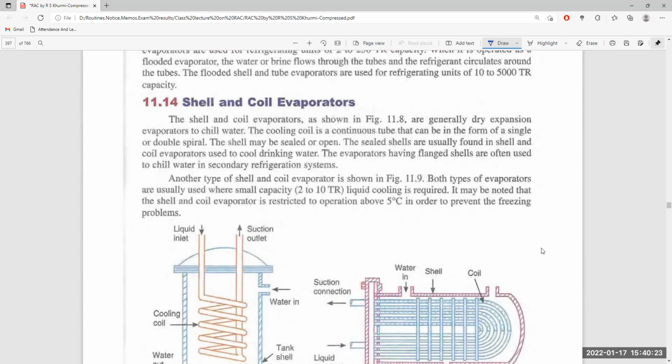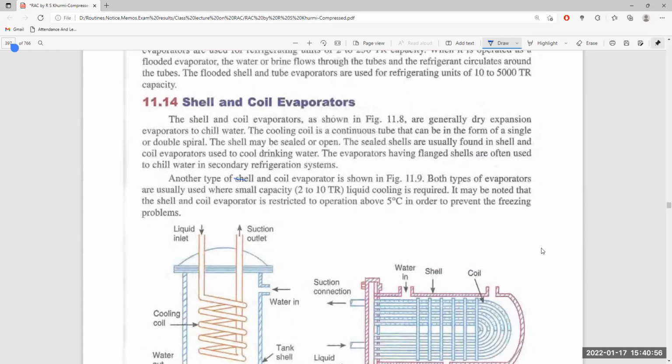The cooling coil is a continuous tube that can be formed in a single or double spiral. The shell may be sealed or open. The sealed shells are usually found in the shell and coil evaporator used to cool drinking water. Evaporators having flanged shells are often used to chill water in secondary refrigeration systems.